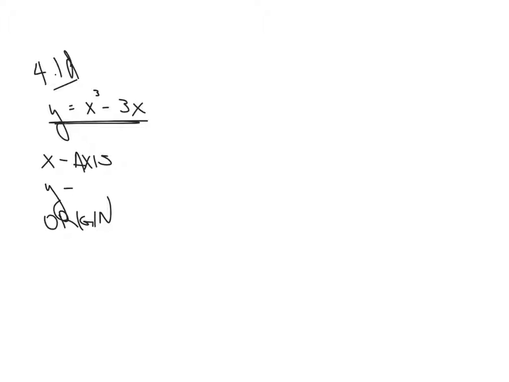And in order to do that, we look at the original equation and we replace every x with a negative. So for the y-axis, let's do this in red. It's going to be y equals negative x cubed minus 3 times negative x, which equals negative x cubed plus 3x.